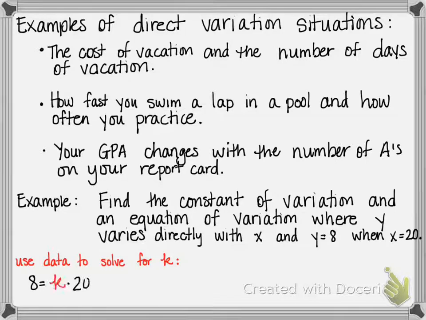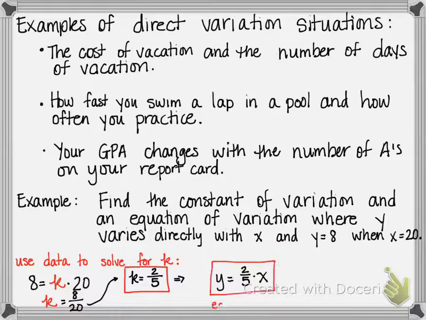We plug it into the equation, so 8 equals k times 20. Now we can solve for k, which is the constant of variation. Simplifying 8 over 20, we get that the constant of variation is 2/5. Now that we have the constant of variation, we can write the equation of variation, y equals 2/5 x, and that's the end of the problem.